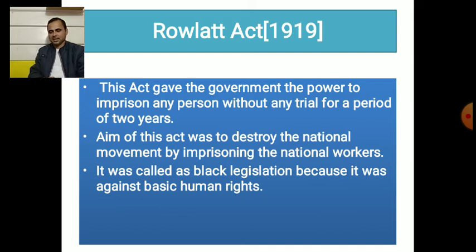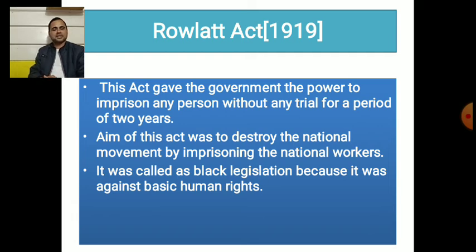It means when the government wishes to detain anybody, they have to go through various judicial procedures. For example, let us take a government wants to detain somebody. The person must be informed about his detention and the cause of his detention.